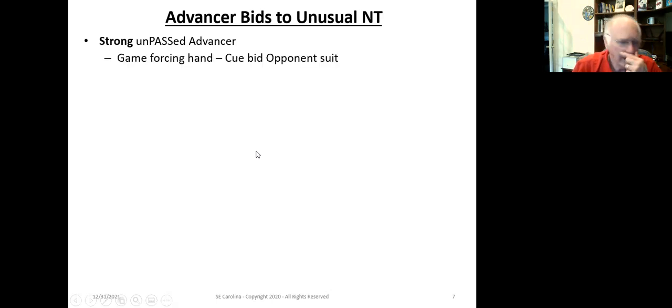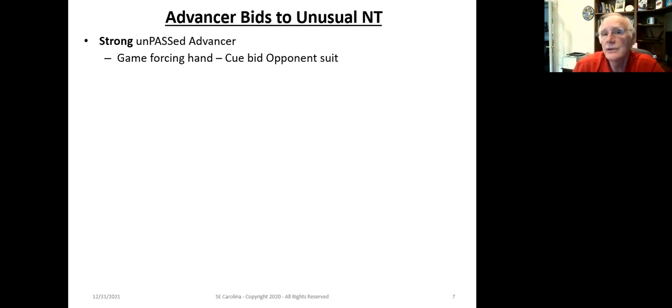Okay, if the advancer is a strong, unpassed advancer, by that I mean the advancer has not previously bid, could have an unlimited hand, could have 20 points. Got a strong hand, and you've got a fit for one of the 2 suits that the unusual no trumper has shown.